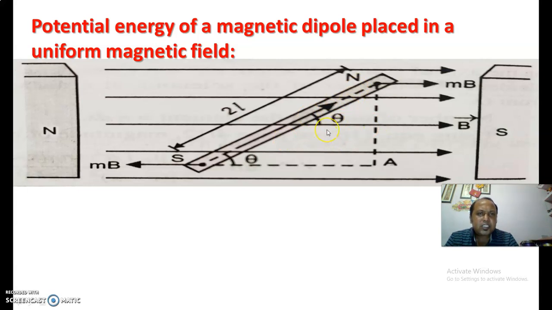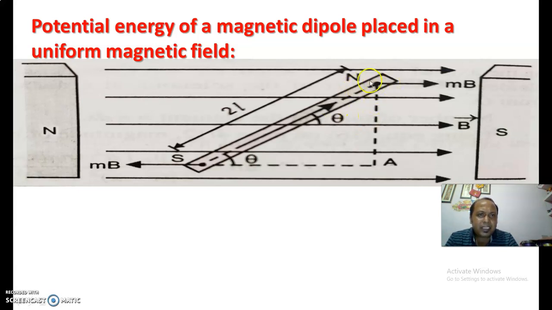And since this dipole is kept in the magnetic field, if you remember when we considered an electric dipole placed in a uniform electric field, in that case, on the charges which are placed at the two ends of the dipole, minus q and plus q, they experienced a force qE.